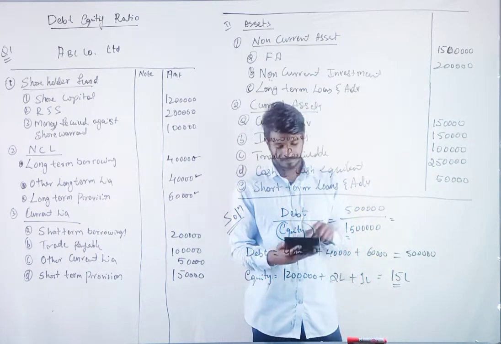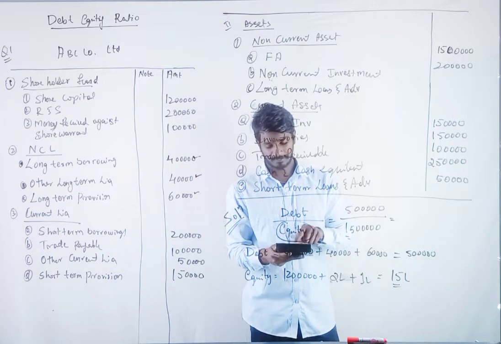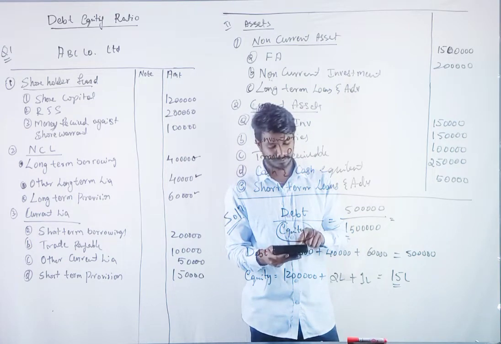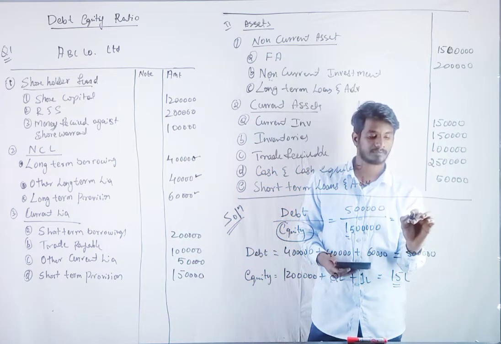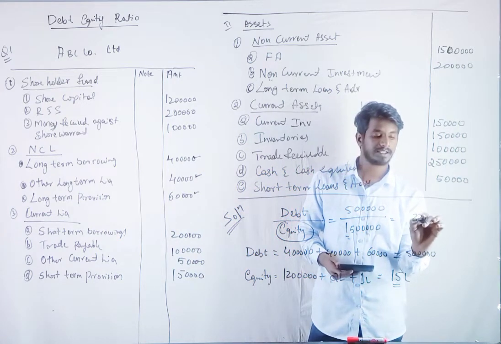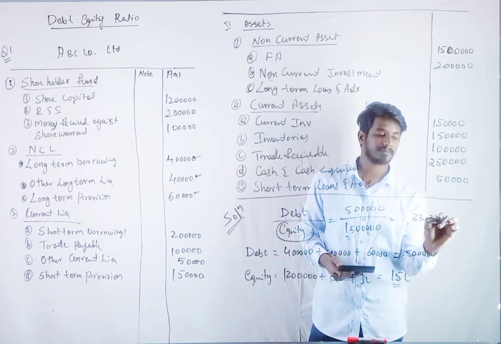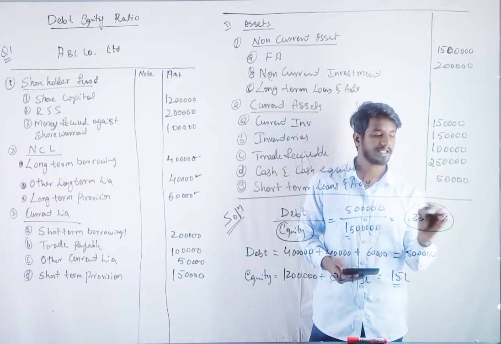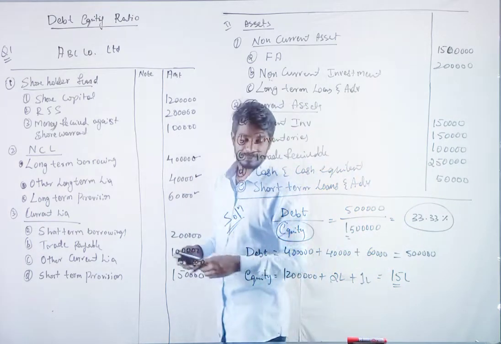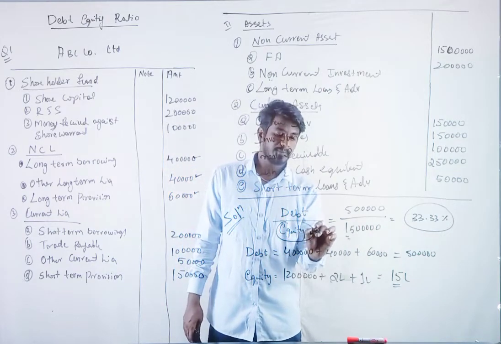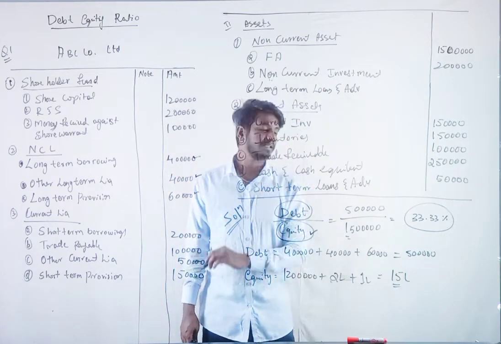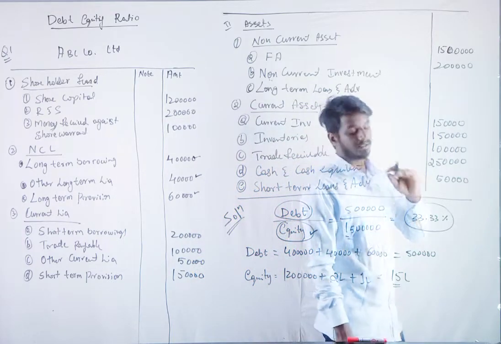If I divide 5 lakh by 15 lakh, it comes out 33.33 percentage. That means in your capital, debt is 33.33 only.